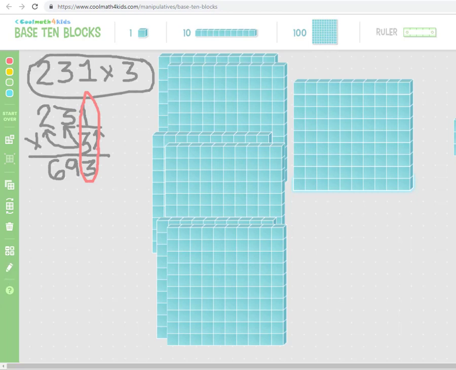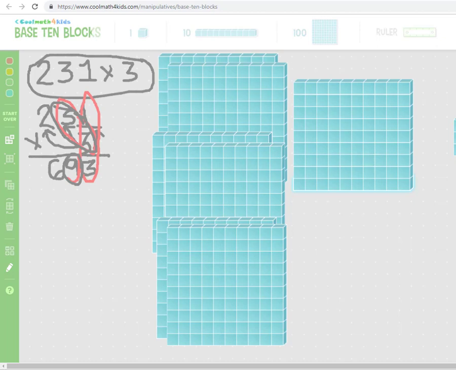What you really have here is 3 strips of 10 happening 3 times for a total of 9 tens. I should have used a different color there. 3 strips of 3 tens happening 3 times gives us a total of 9 tens, or 90.